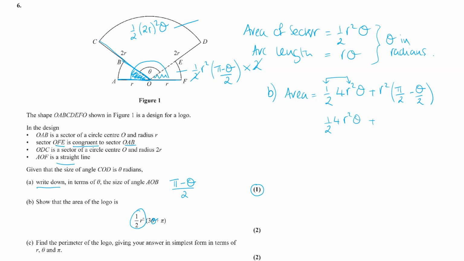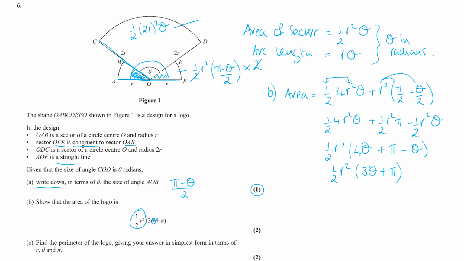And then multiply this in, it's going to be half r squared pi minus half r squared theta. Now I can take my half r squared out as a common factor. I'll have 4 theta plus pi minus theta, which will be half r squared, 4 theta minus theta, 3 theta plus pi.